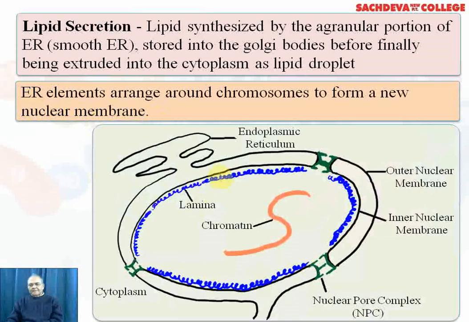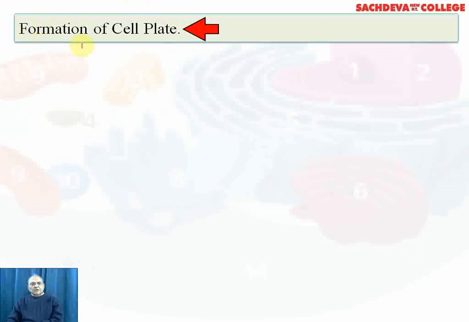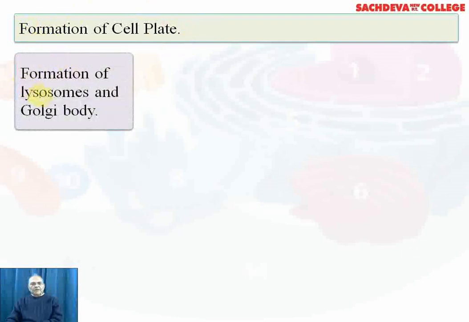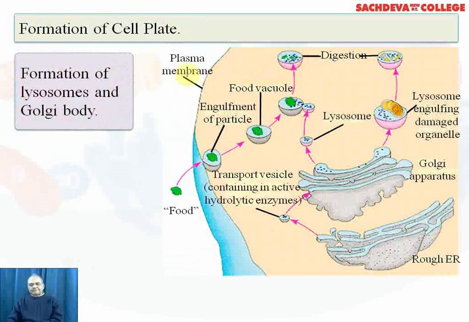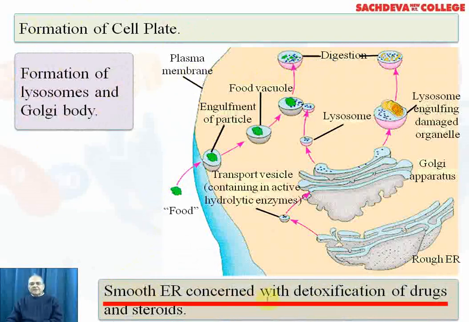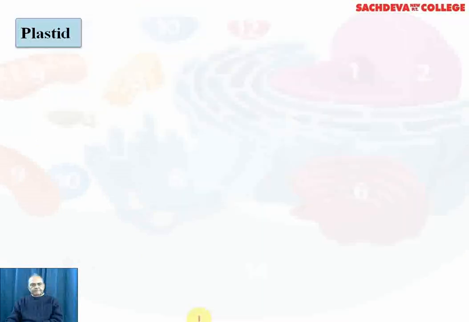You can see here, helping in the formation of the nuclear membrane. Formation of cell plate, formation of lysosomes and Golgi body. And here you can see the smooth endoplasmic reticulum is concerned with the detoxification of drugs and steroids.